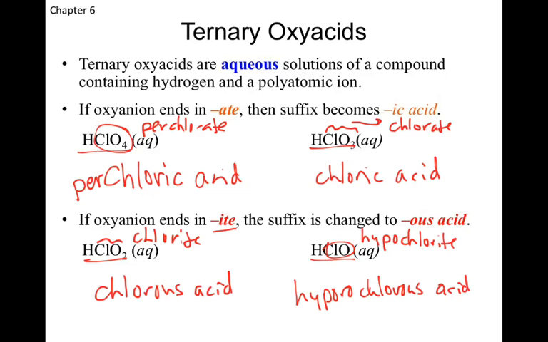Okay, so it's just a question of changing the ending. We don't specify the hydrogen in this case because it's a ternary acid, not a binary acid. The name acid implies already a hydrogen. The hydro is only added to differentiate between binary versus ternary.